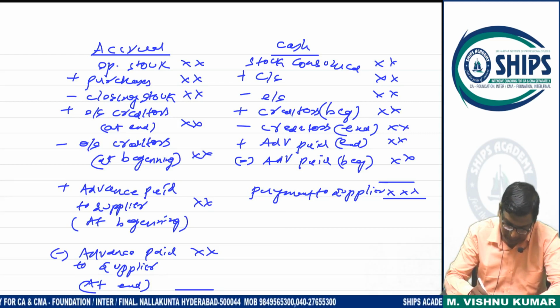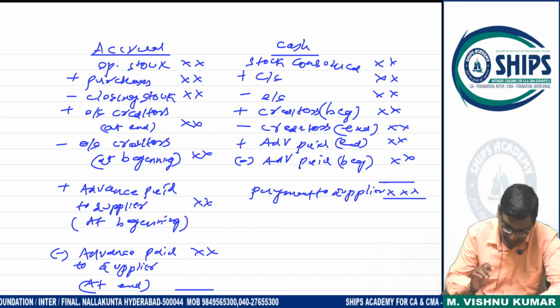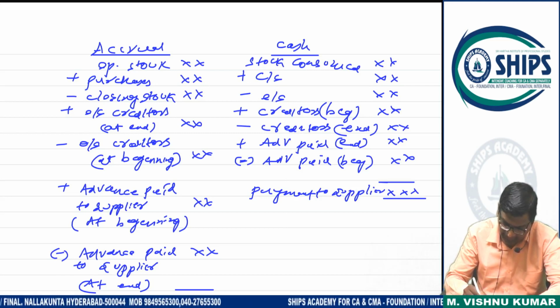See, closing stock, opening stock. Why is this reversed? Try to understand. Creditors beginning, creditors end. See, creditors at end of the year is deducted and creditors at beginning of the year is included. Reason is what?